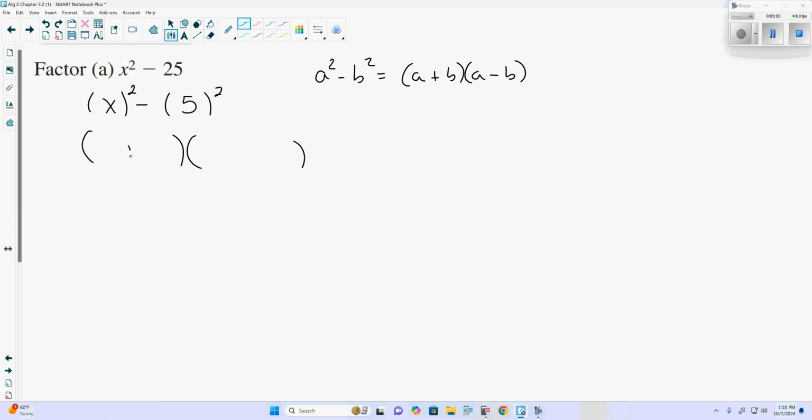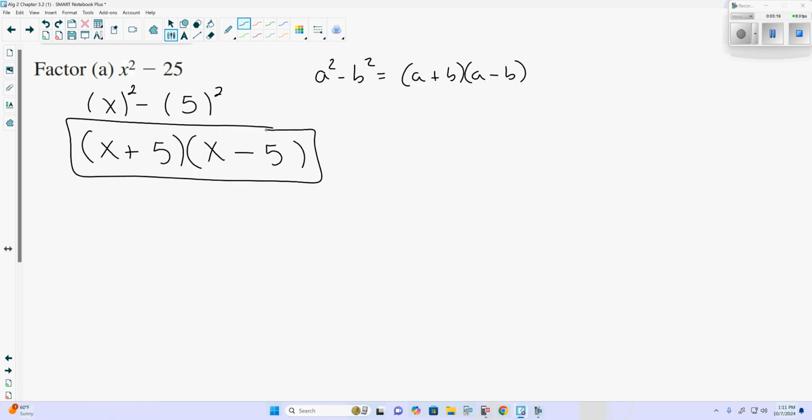So our factors are a plus b times a minus b. Well, our a terms are what? X and x. What are our b terms? 5 and 5.